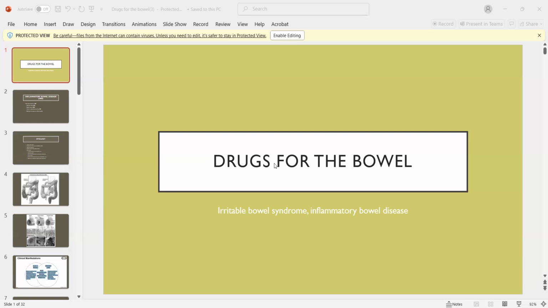Go ahead, Dusty. Ulcerative colitis affects primarily just the colon, where Crohn's disease affects both the small and large. It can go anywhere from the mouth to the anus. How about the levels of the gastric layers? How do they differ and how do they affect the gastric layers?